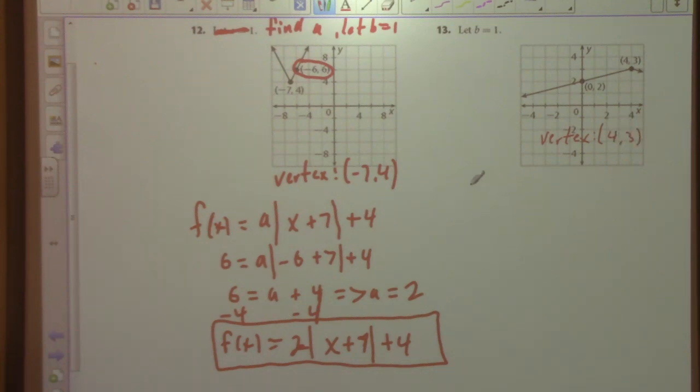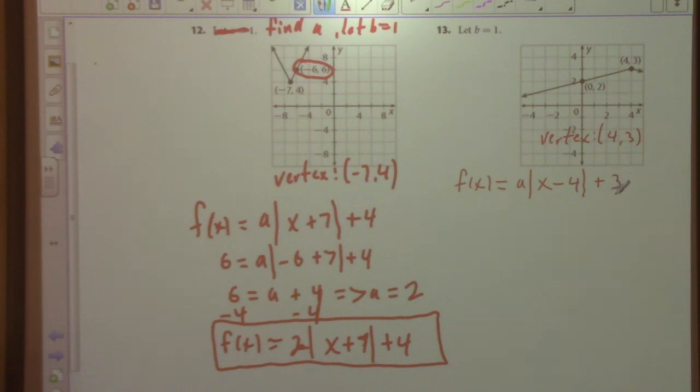So f of x equals A times the absolute value of x minus 4, plus 3.